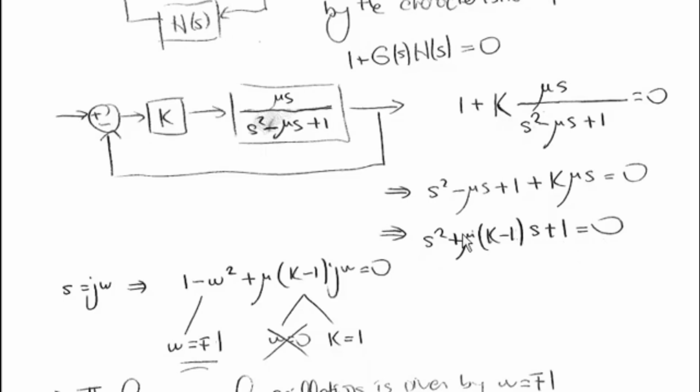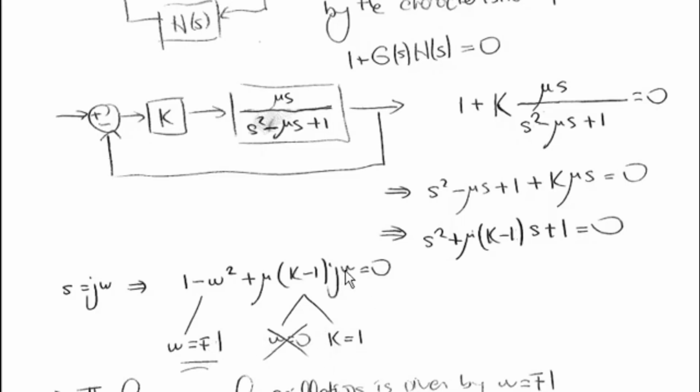Now I can substitute s equals j omega and try to solve for K and omega from this. If s is equal to j omega, I have minus omega squared here. The real part is 1 minus omega squared, and the imaginary part would be just this. Since this is equal to 0, both the real and imaginary parts are equal to 0. I get omega squared equals 1, which has the solution omega equals plus or minus 1.